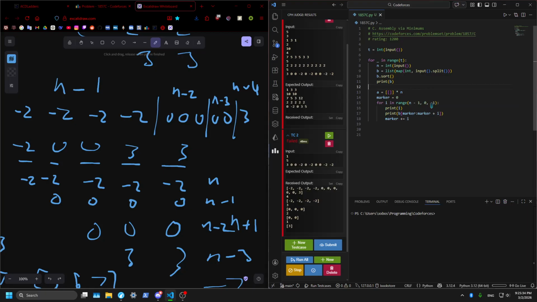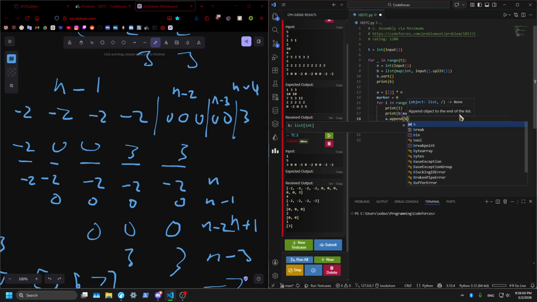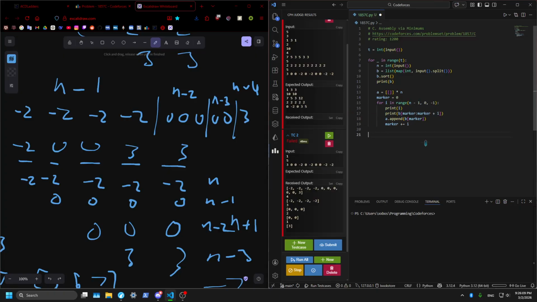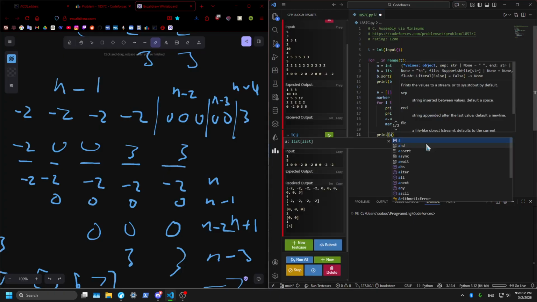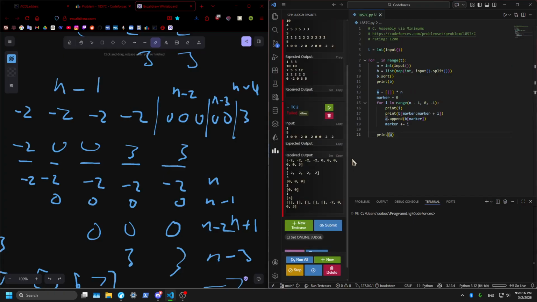And then we do A dot append B marker. This is not going to work, right? Yeah, because these are like copies of each other.